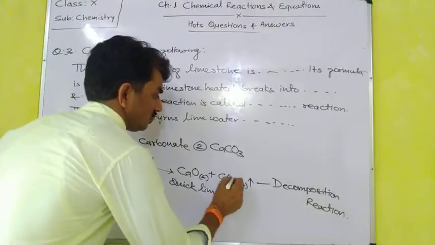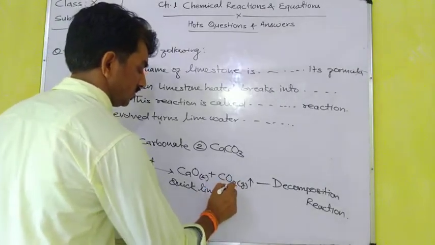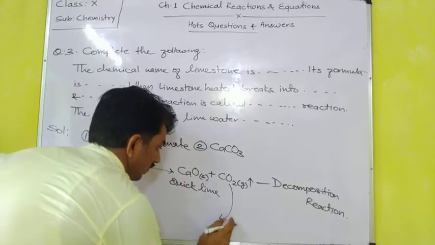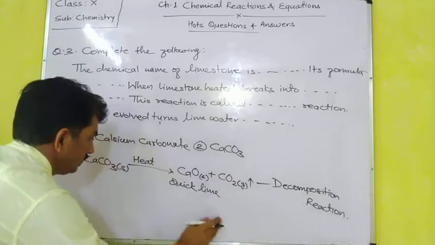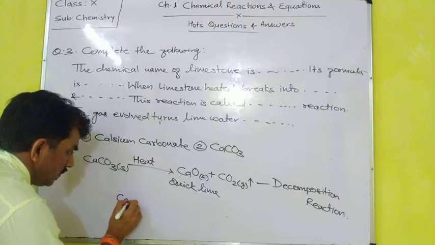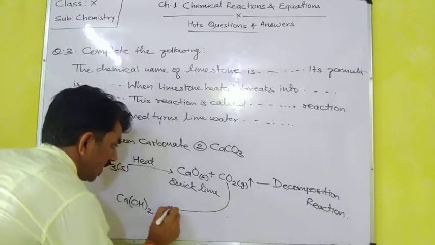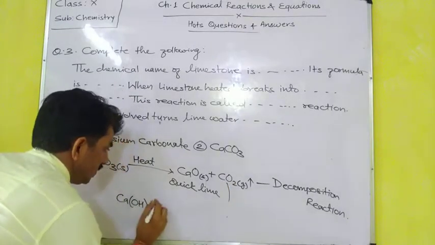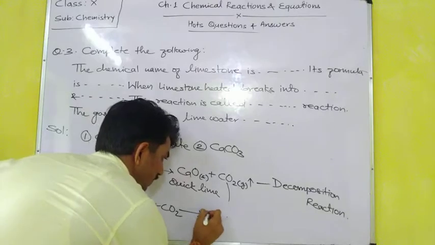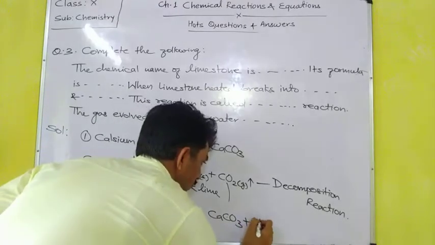When carbon dioxide gas is passed into the lime water, that is Ca(OH)2, what happens? It reacts with the carbon dioxide and forms CaCO3 plus H2O.